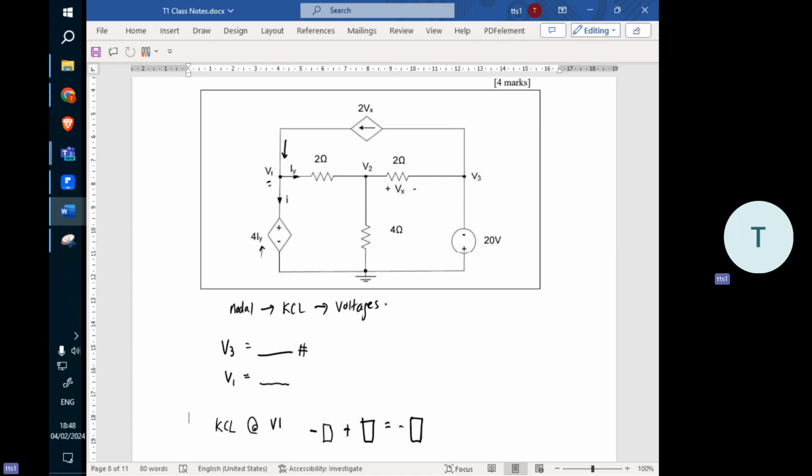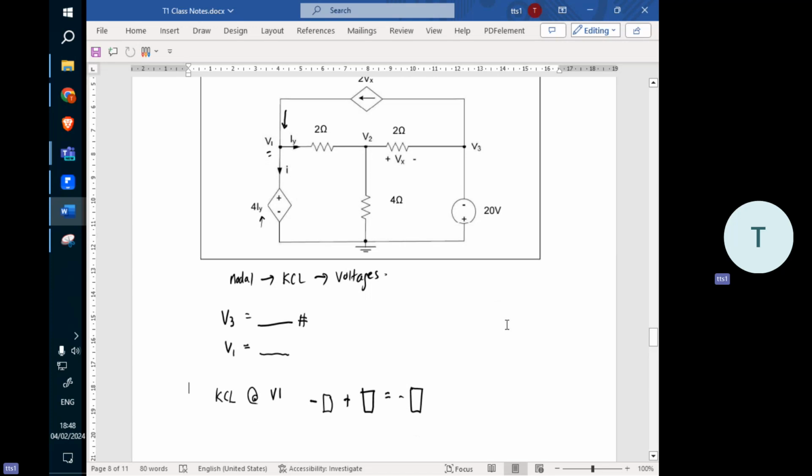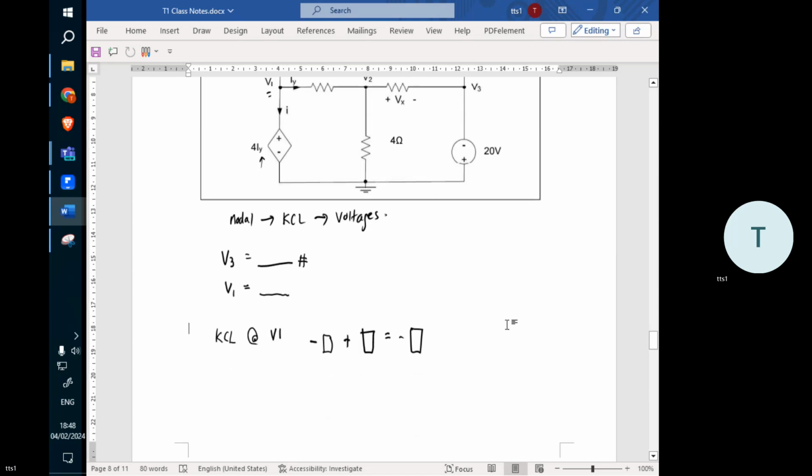It can be a bit different, because if you bring a term over to the other side, it becomes positive, and if you bring a positive term over, it becomes negative. So I just give you some idea. Inside this equation, you have V1 and V2.